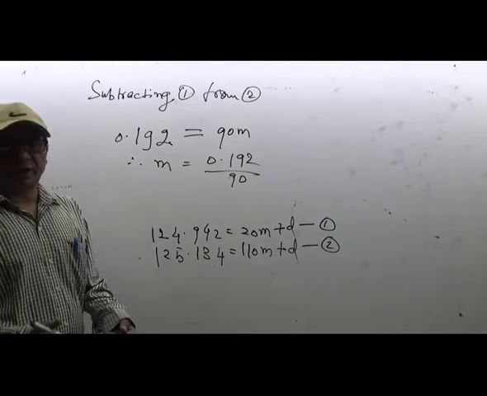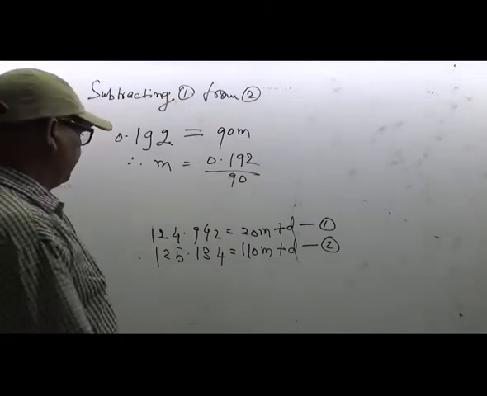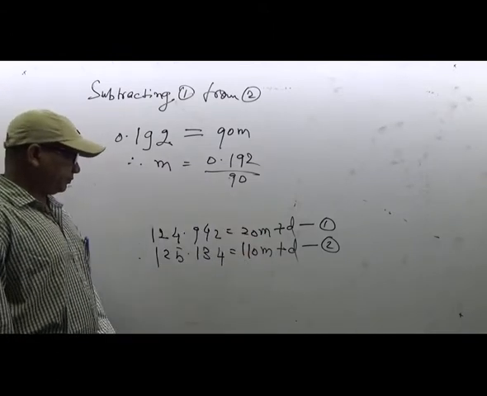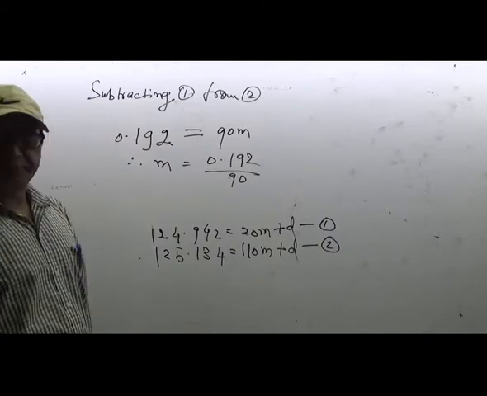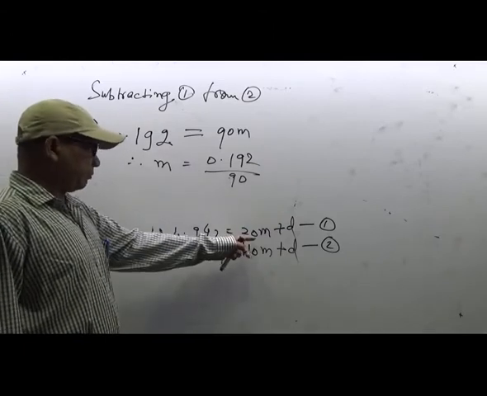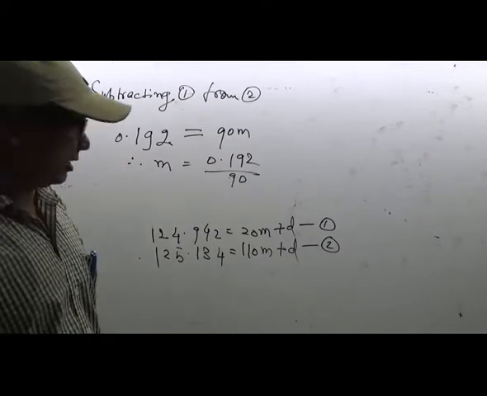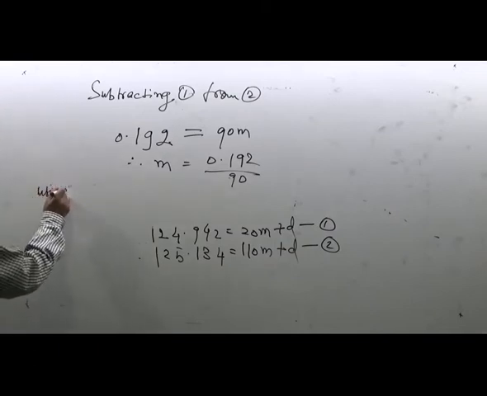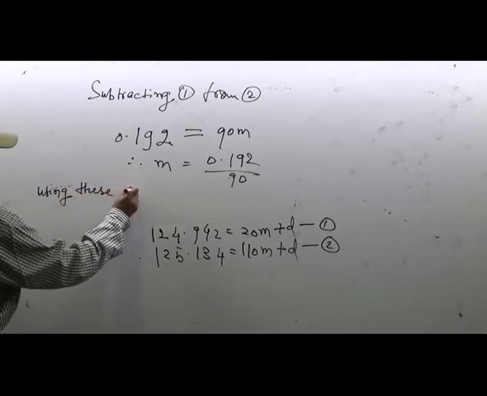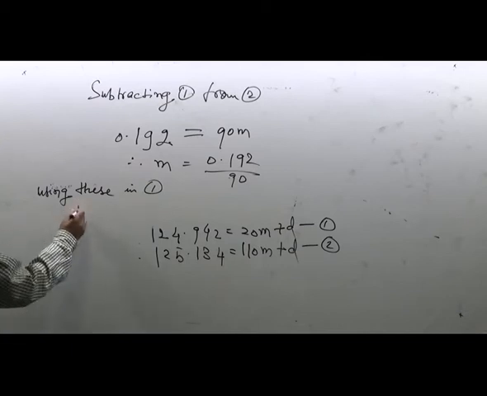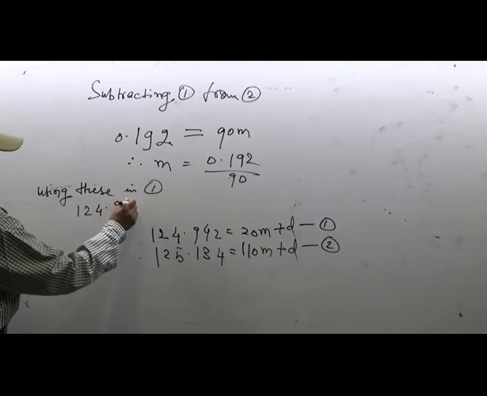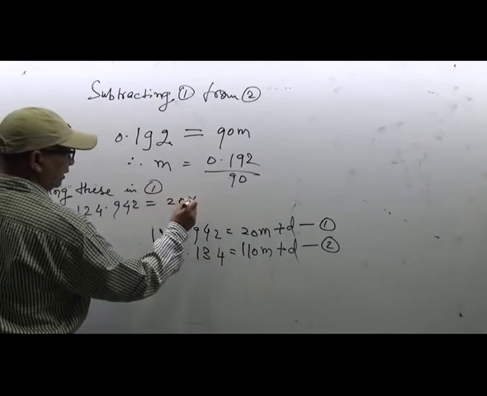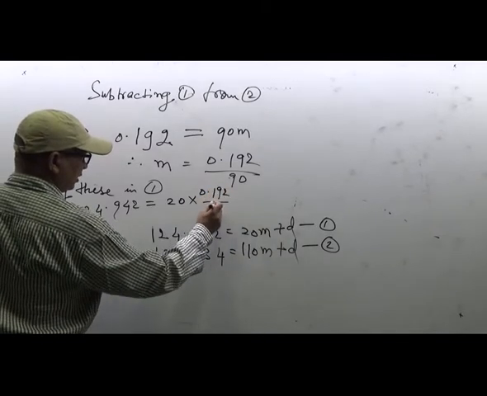Now we have to find the value of d. Putting the value of m in equation first, we get the value of d. Using these in first, therefore 124.942 is equal to 20 times 0.192 by 90 plus d.